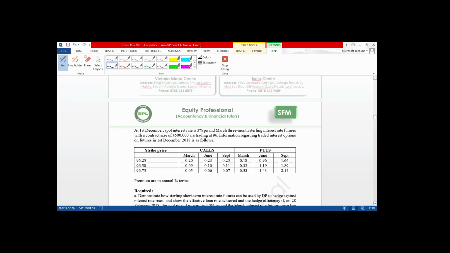But we are going to borrow in 3 months' time, 28 February. March 3-month sterling interest rate futures with a contract size of £500,000 are trading at 96.